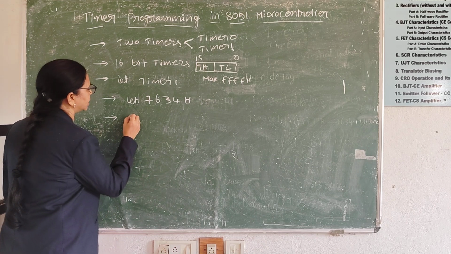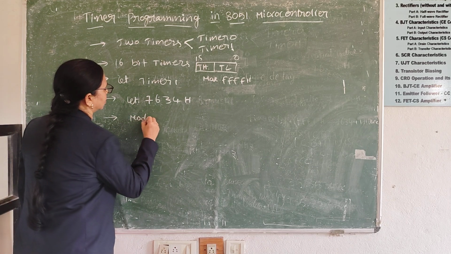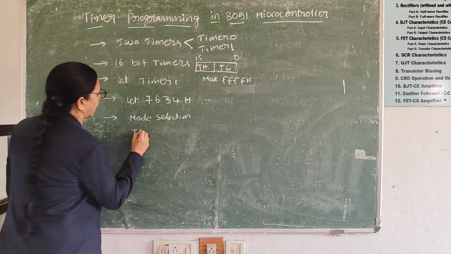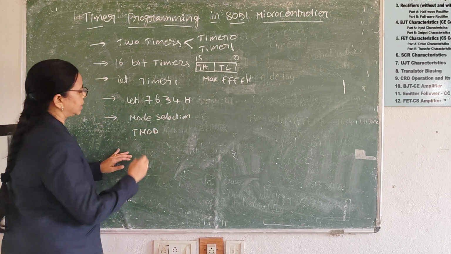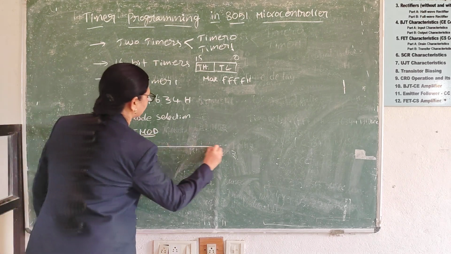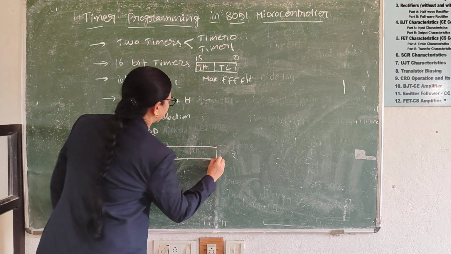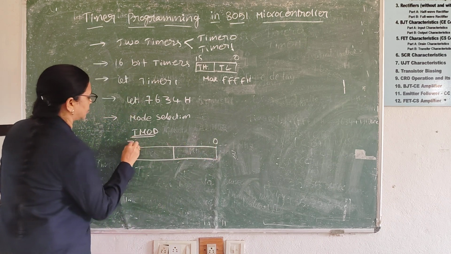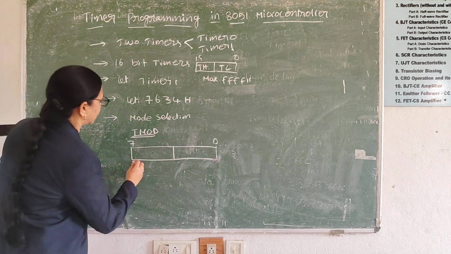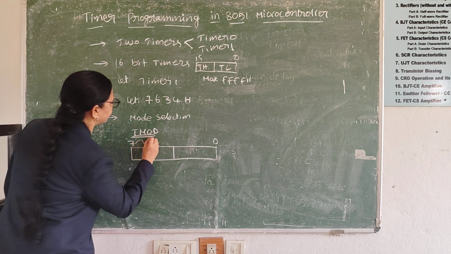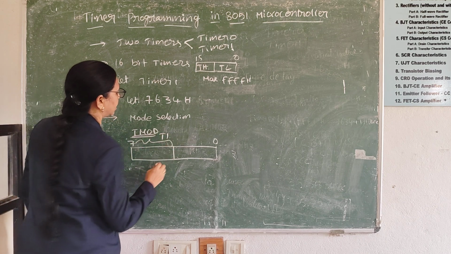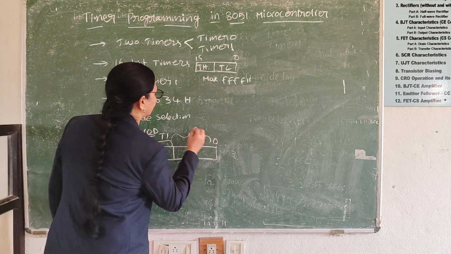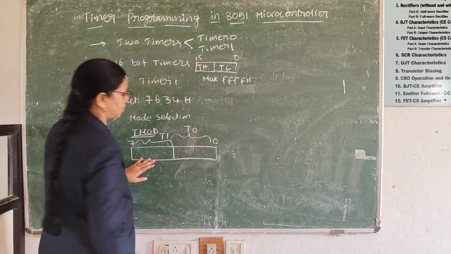For mode selection we have to format TMOD. TMOD is an 8-bit register. The higher 4 bits represent timer 1 and the lower 4 bits represent timer 0.